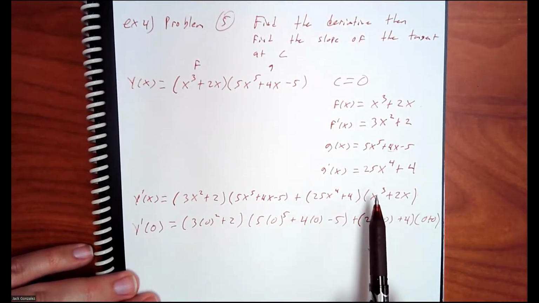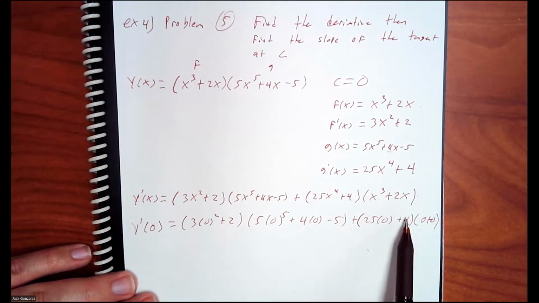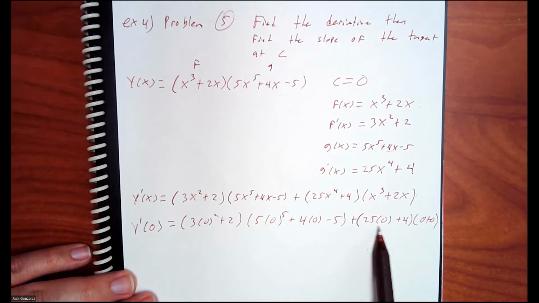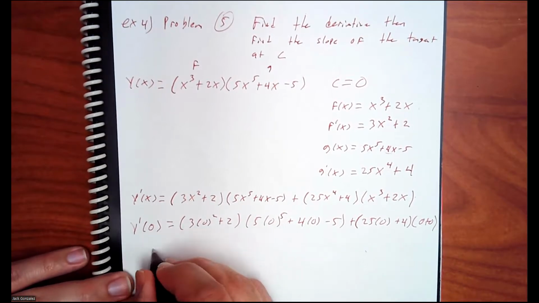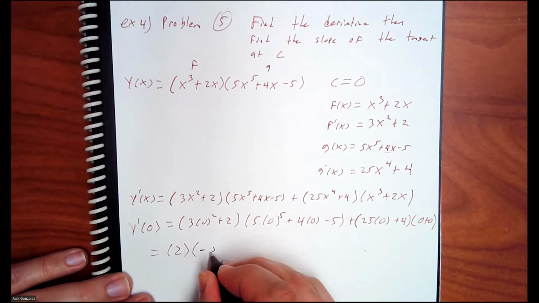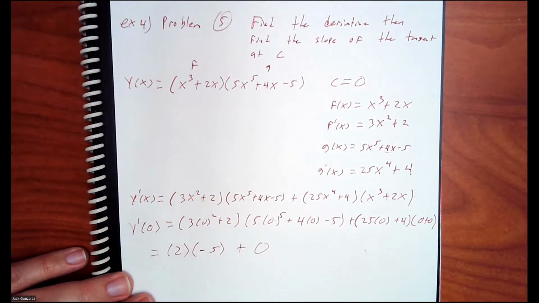You agree that this will just be simply 0 plus 0, which means this is just 0, which means it's going to zero this out. So we're going to get 2 times negative 5 plus 0.